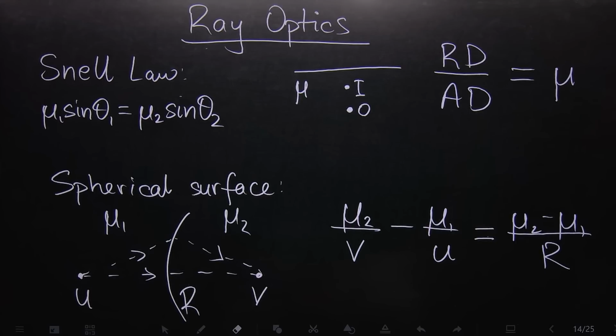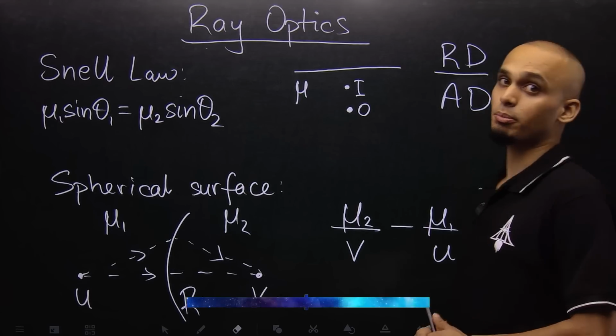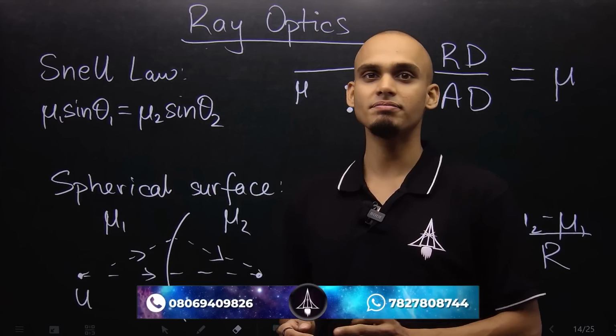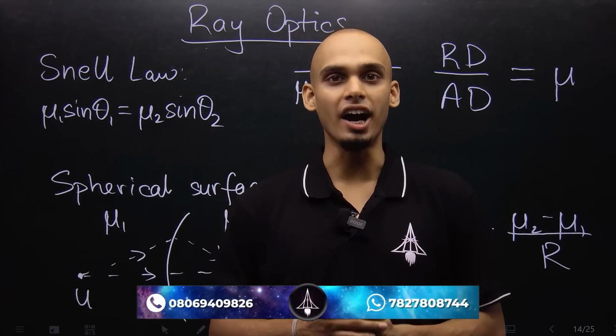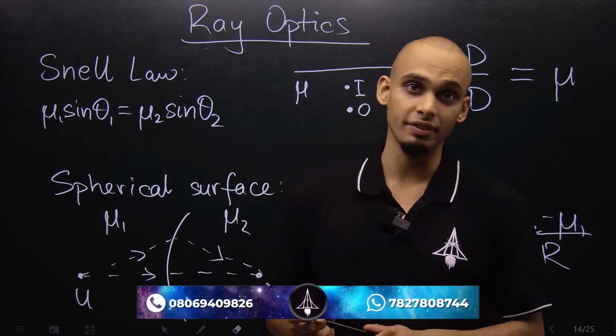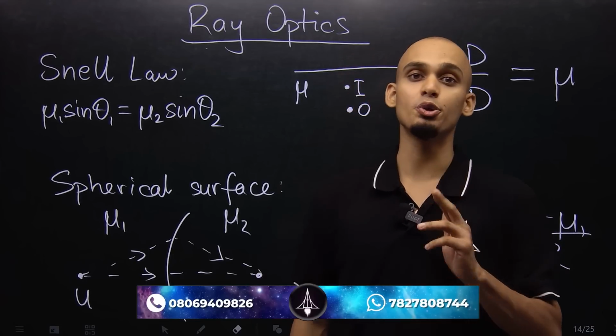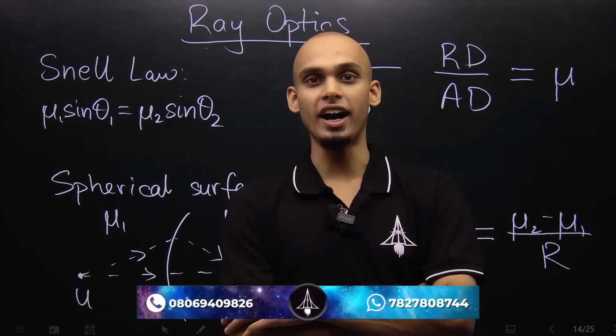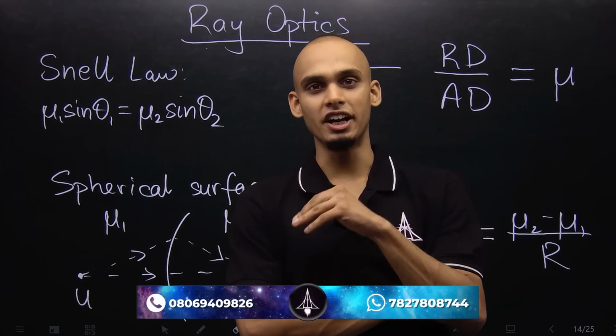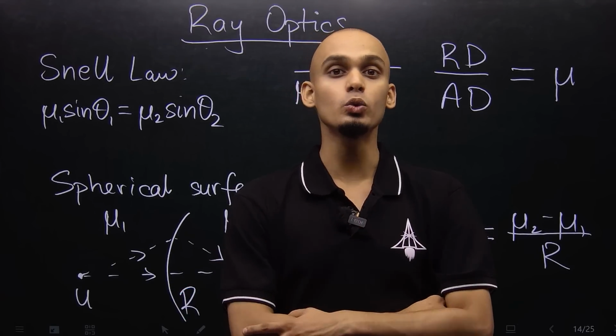For ray optics, you need to remember a large number of results, and if you have those results by heart, then you will not face any difficulty in solving problems. Only if you don't have any results by heart, you will find it difficult to logically approach a question.